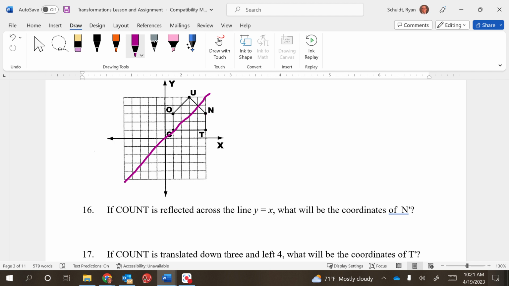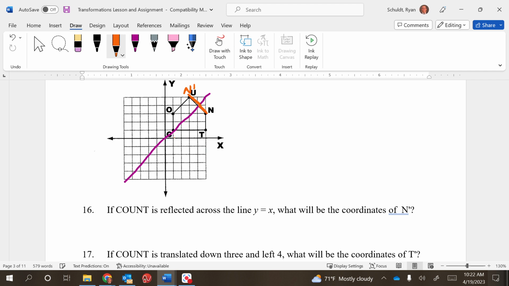If we flip it around C, that's going to have to go 2 over. So T would go here. That means N would go there. So T, N, it just asks for N. So if we look, to get to the line, there's our N, so then go the other side. This is N prime.